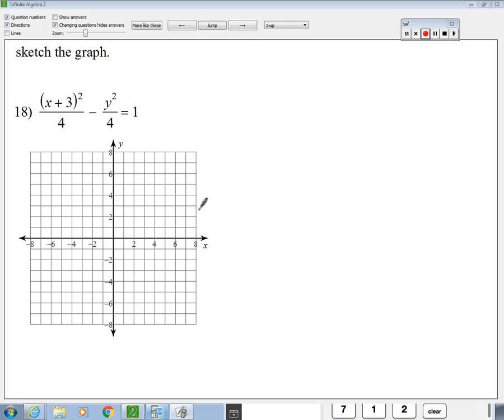Now, you can have vertical hyperbolas or horizontal hyperbolas. If x is first, it is a horizontal hyperbola. So this would be horizontal. If y is first in the equation, that is a vertical hyperbola.